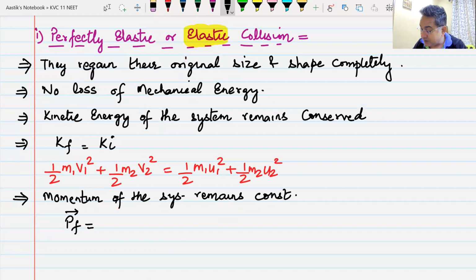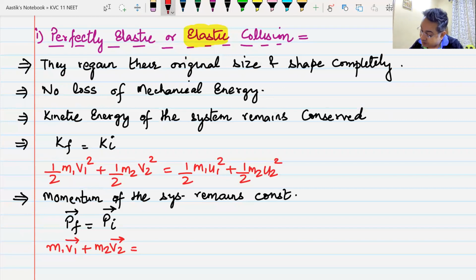So final momentum will be equal to initial momentum vectorly, or you can write m1 v1 vector plus m2 v2 vector will be equal to m1 u1 vector plus m2 u2 vector.